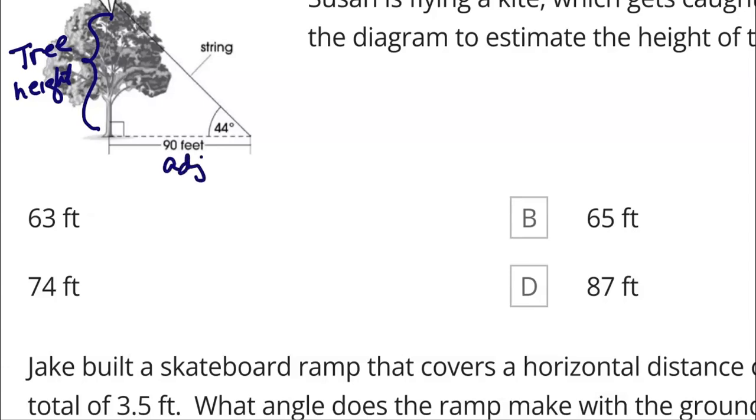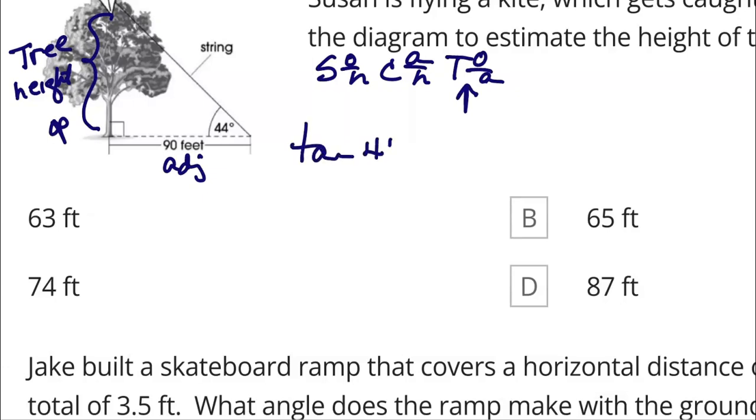This side is adjacent, this side is opposite. So if you think about SOHCAHTOA, and we write it down again, opposite and adjacent is going to mean we're going to use tan. So the tan of 44 equals, we'll just call it tree, over adjacent, opposite over adjacent, which is 90.